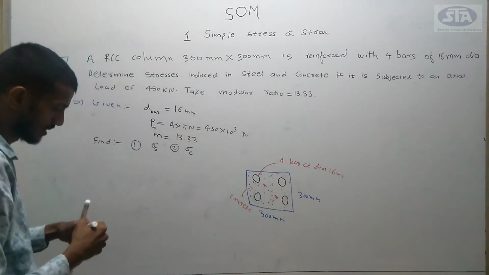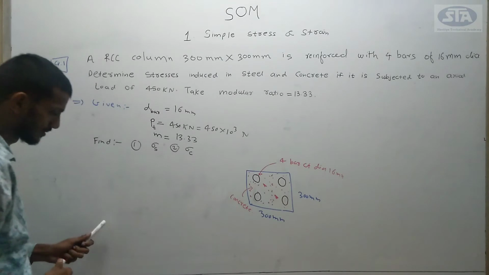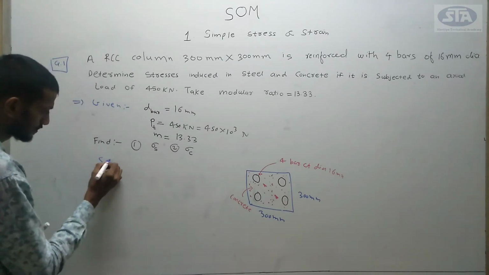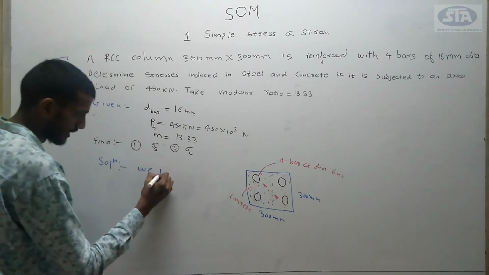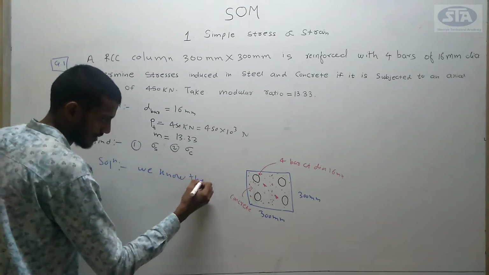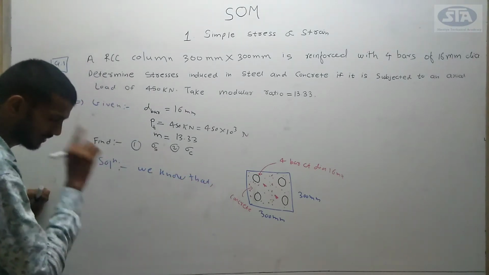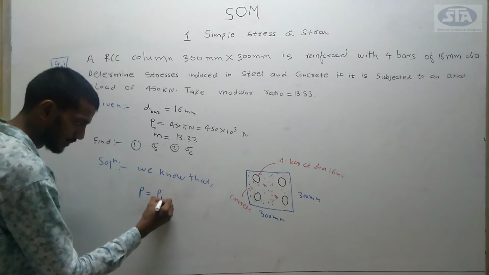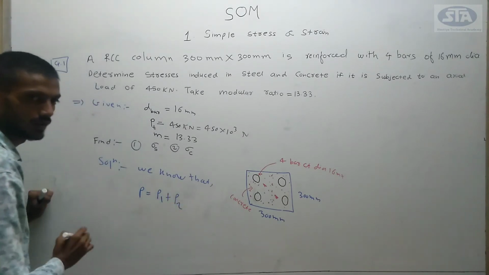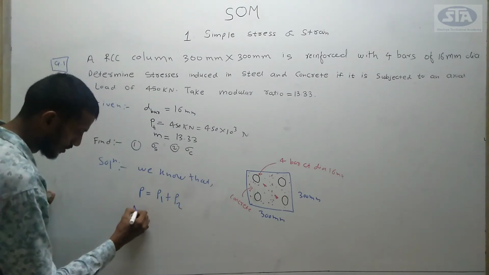Okay, now the solution will be: we know that for concrete material, the relation is P = P1 + P2.